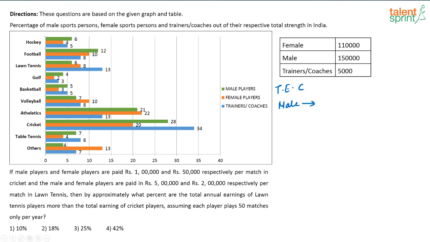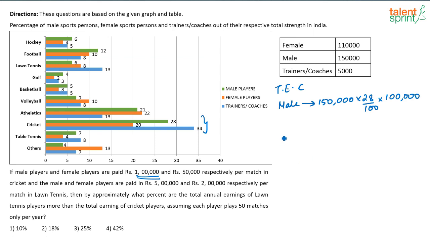Okay, so what will be the earning of the male players here? See, it is given that male players are paid around so much per match. And how many male players are playing cricket? Where is cricket? This is cricket, correct? So out of the total number of male players, 28% of them are playing cricket, and each of them, how much are they getting as salary? They are getting a salary of 100,000. Correct?